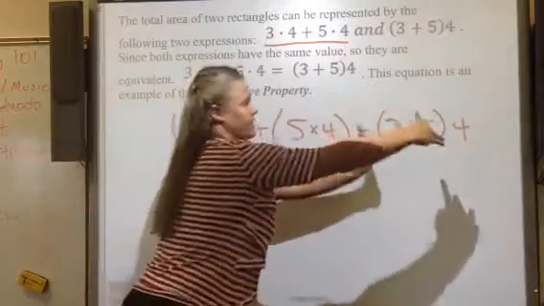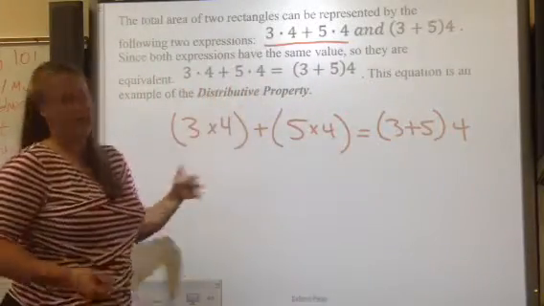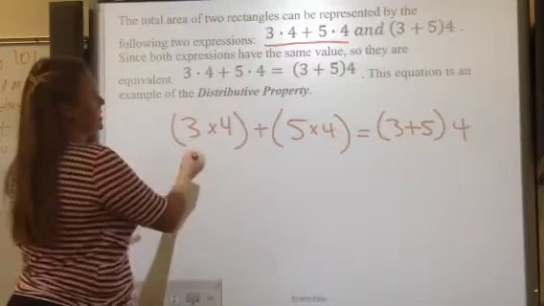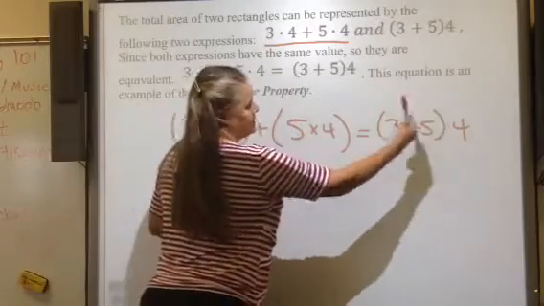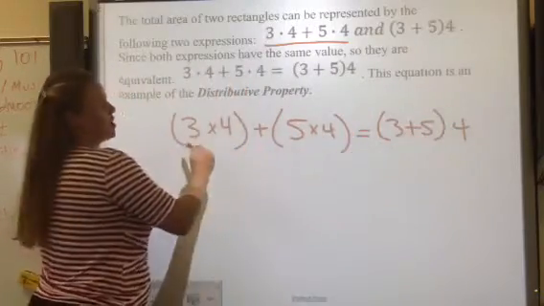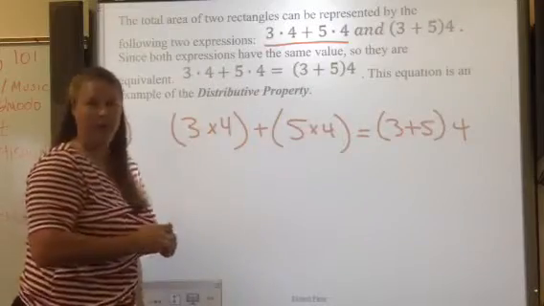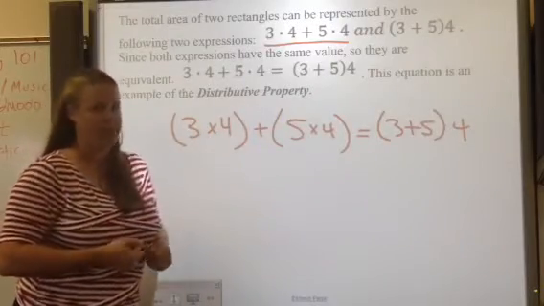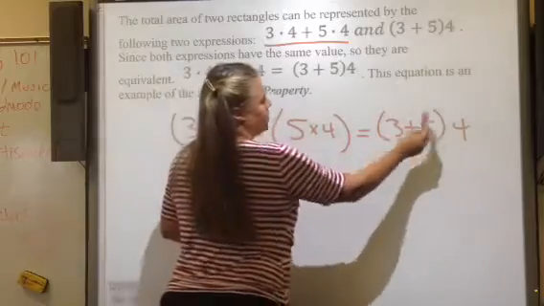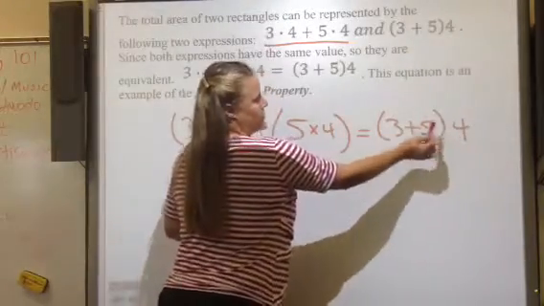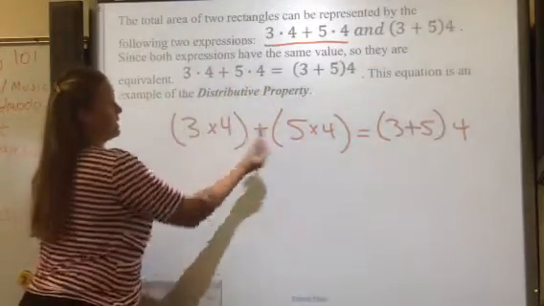These two scenarios are equivalent expressions because this is simply distributing the 4 to both rectangles. And that's why it's called the distributive property, because you're distributing the 4 to the 3 and you're distributing the 4 to the 5. And you can see that right here.